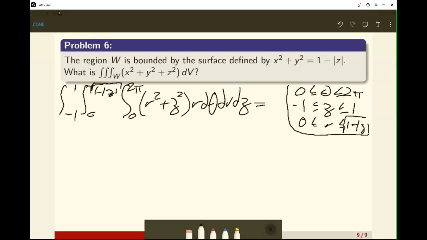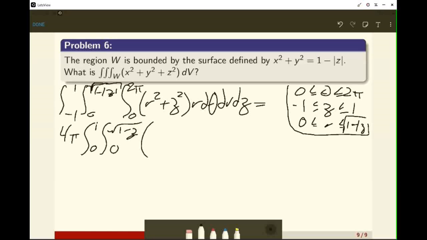So multiplying that in and then doing this integral in theta, our integrand doesn't depend on theta, so it just becomes a constant. We get this overall factor of 4 pi. Our changed bounds in z, and the bounds in r that we can get away with, square root of 1 minus z.